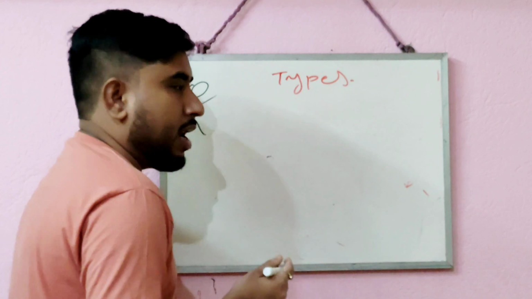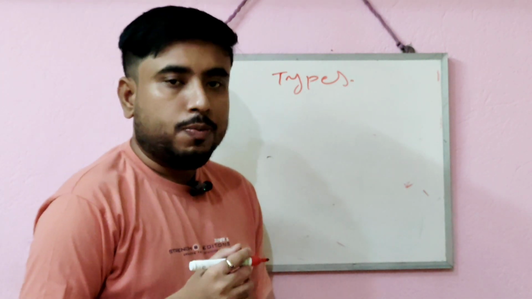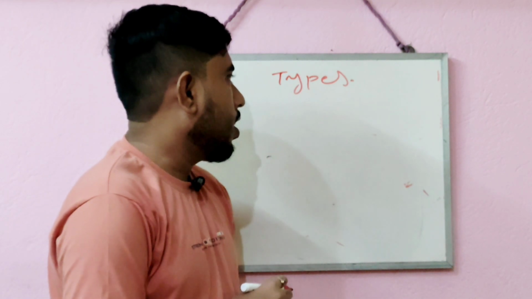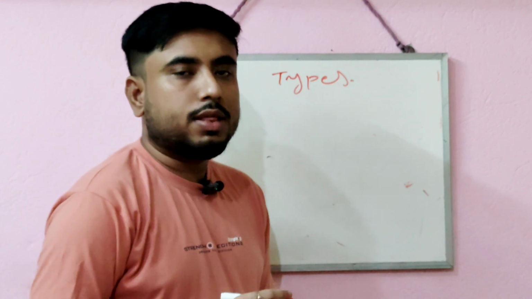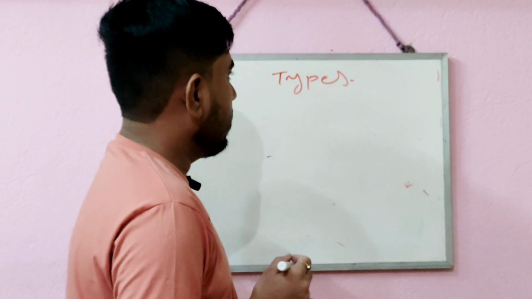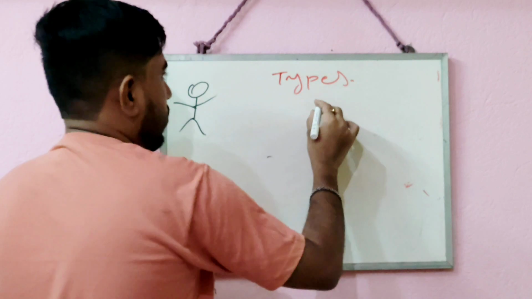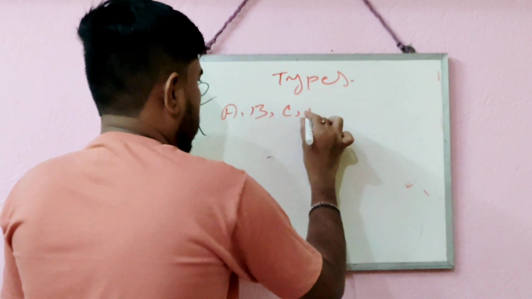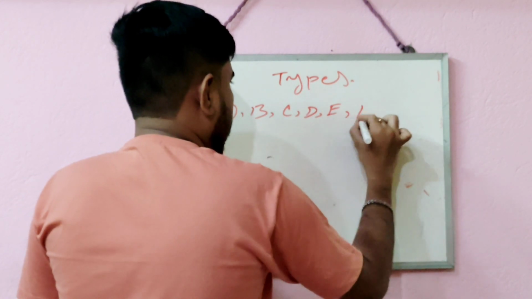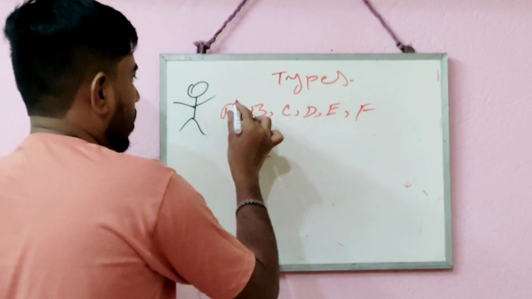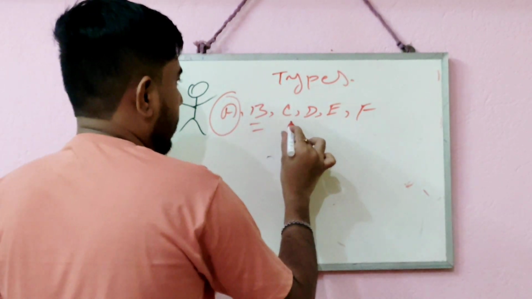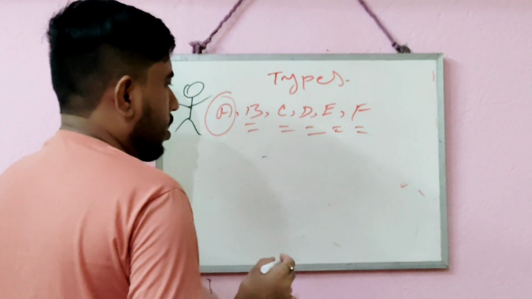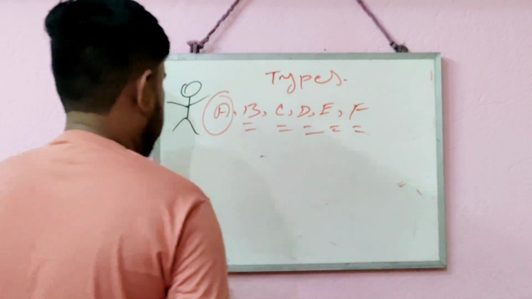According to how and for which reason the drug shows the adverse reaction, they are classified into 6 types, A, B, C, D, E, F. Each type has a full name that is denoted by a short name like A, B, C, D, E, F. We are going to discuss all these types of adverse drug reaction one by one in the upcoming slides.